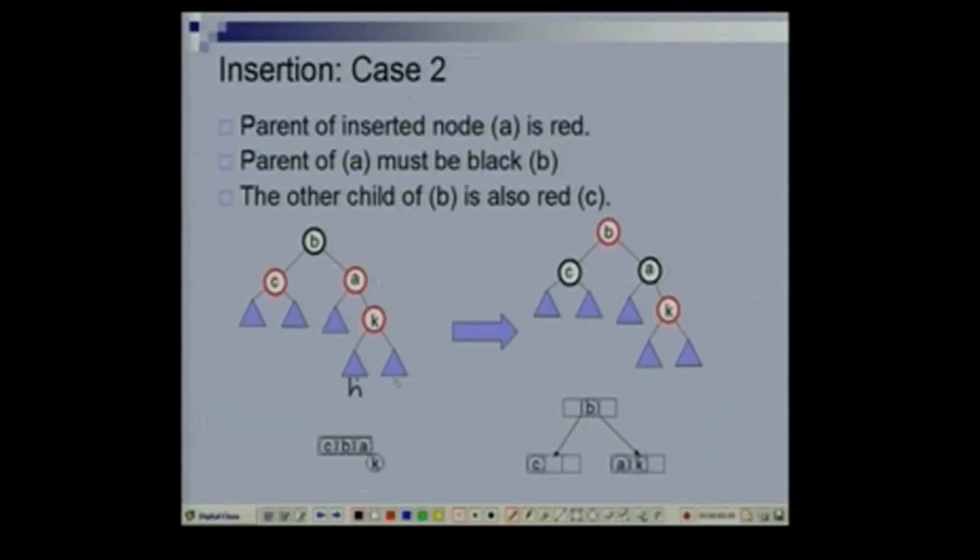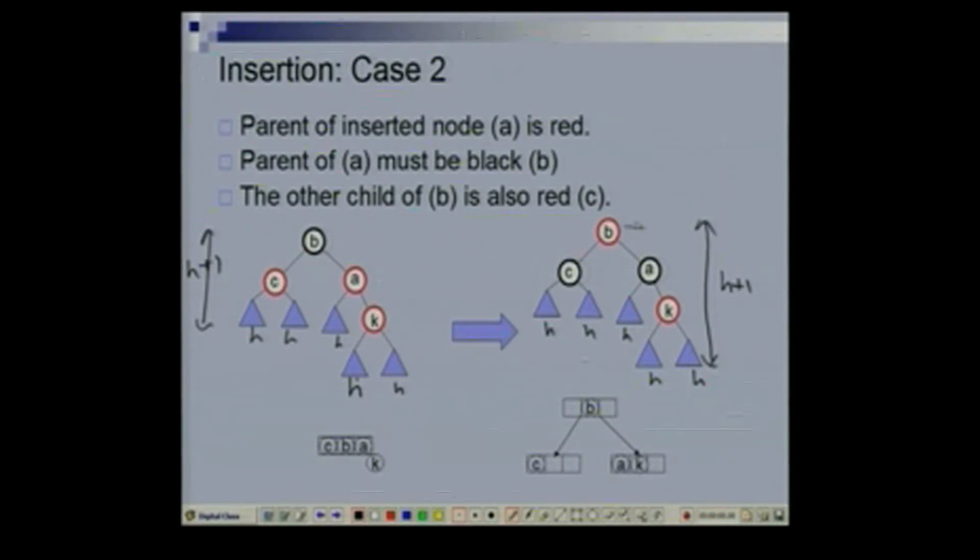If this was H, then they would all be H, and the black height of this entire subtree would be H plus 1. So, which means these are all H, and now the black height of this entire subtree is H plus 1. So, no problem, it is as it was before.